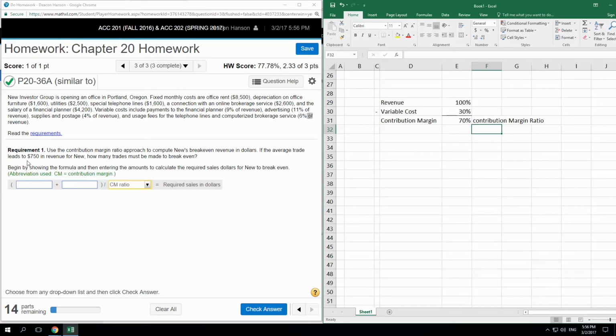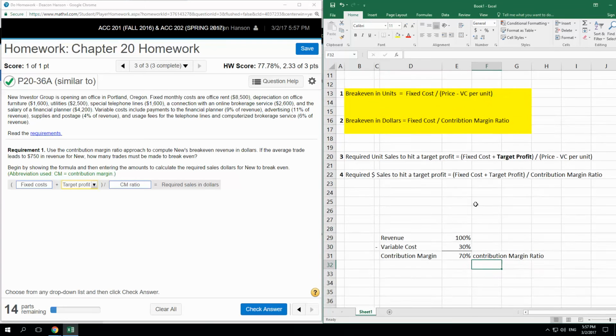They want me to figure out the break even. Remember, the break even in dollars is your fixed costs plus your target profit divided by the contribution margin ratio. That would be formula number 4 that I gave you over here.